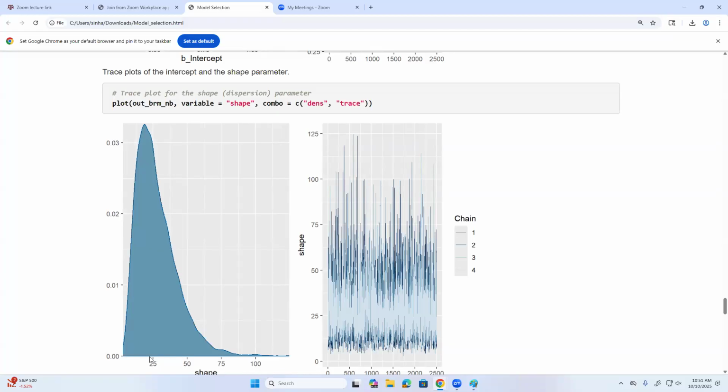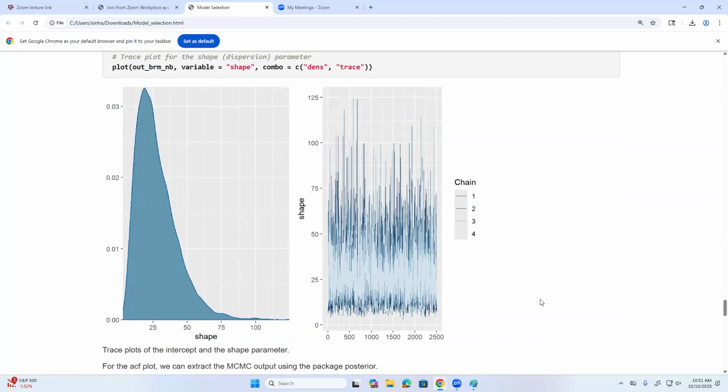And also the trace plot gives you how it is converging. It is not excellent. The trace plot does not look excellent. You see, there are a lot of high jumps, right? High values and then low values. But overall, it is all right.